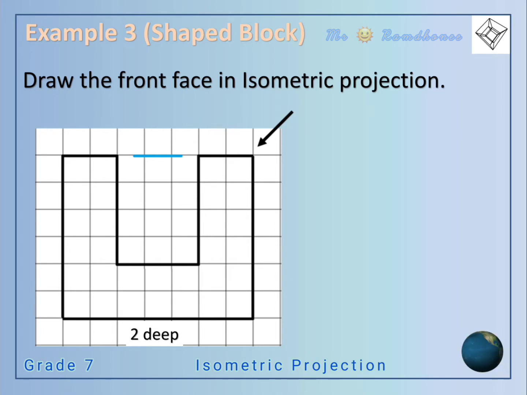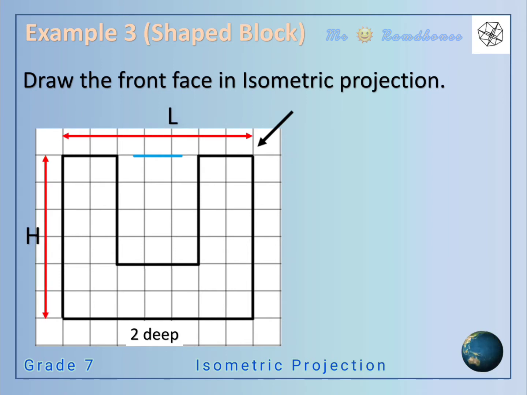We had earlier identified the different features of this question. So we have the front view, we have the direction of depth, and we have the amount of depth, which is too deep. So how do we draw this?